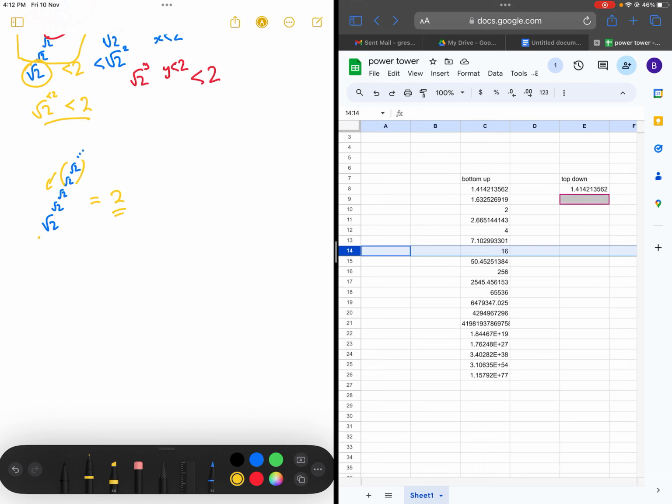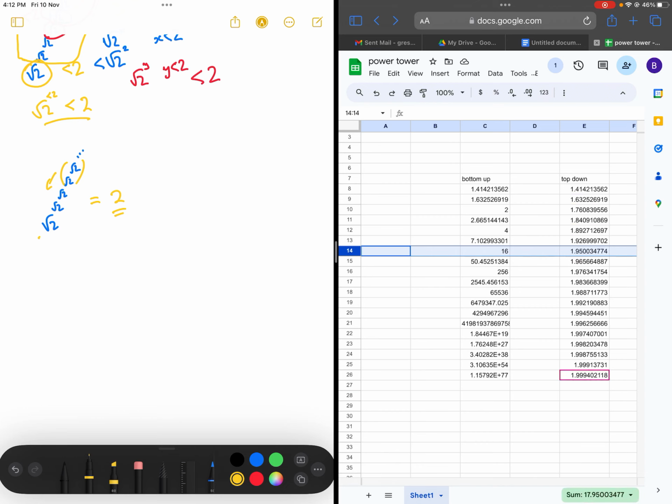If we want to do the top down, we do equals square root of 2 to the power of that. So again, for the root 2 to the power of root 2, regardless of which way we do it, bottom up or top down, we get exactly the same. But then once we move that down, we can see that that will converge at 2.